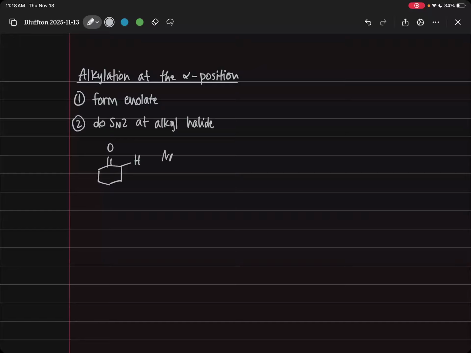So let's use sodium hydride. Sorry, that's an ugly Na+. So we'll deprotonate the alpha carbon. It goes there.